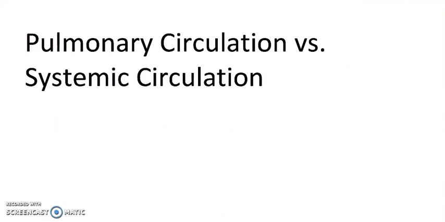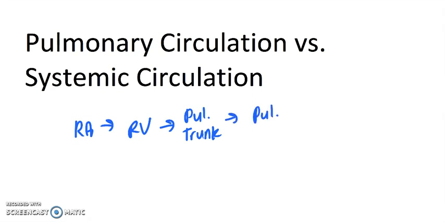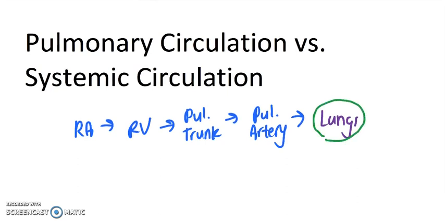Okay, now let's recap what we have, and what's the difference between pulmonary and systemic? Okay, so let's see. We have the right atrium goes to the right ventricle. Then we go to the pulmonary trunk. Then we go to the pulmonary artery. And now we hit the lungs. So for pulmonary circulation, this is our reference point.